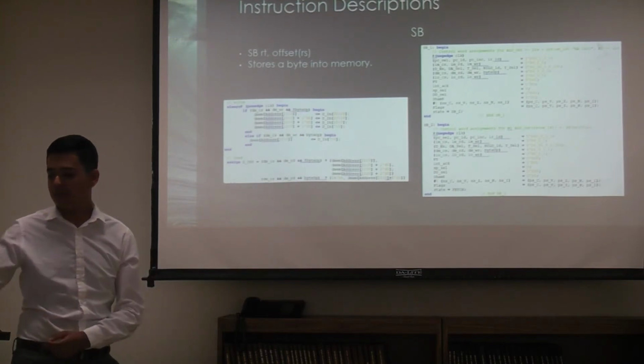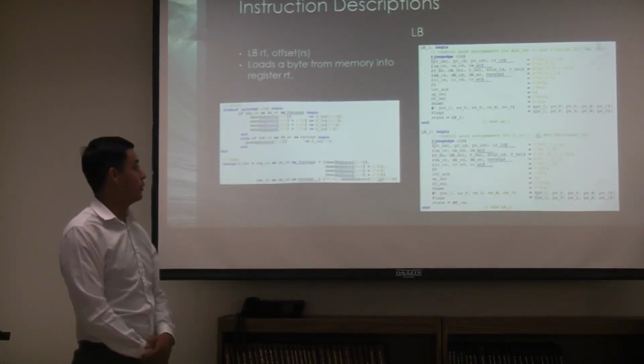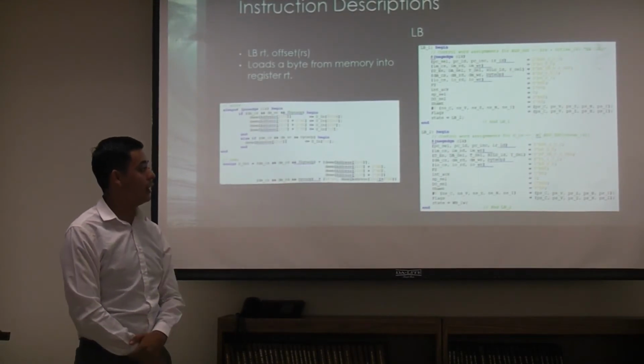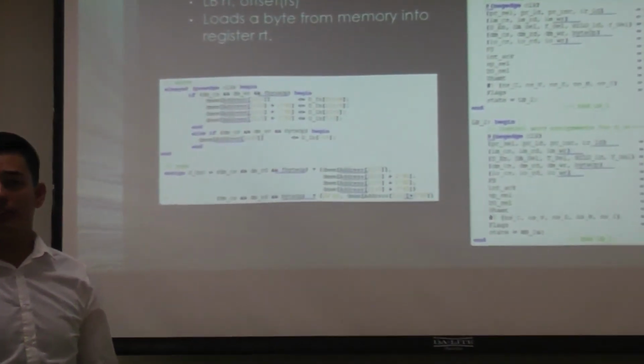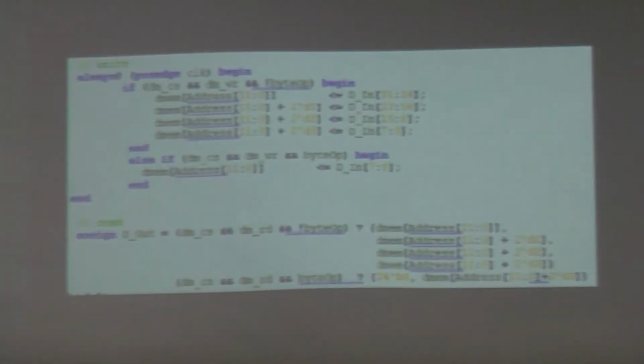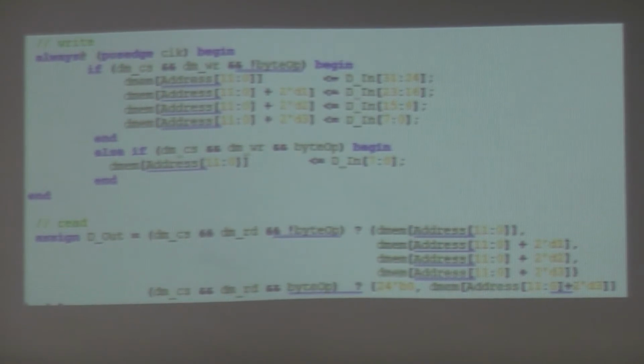Very good. Next we have a load byte instruction, and it works similarly, in that it makes use of the byte op, but this reads the least significant byte in memory and stores it, zero extended with 24 bits of 0, into the register location that we want in the register file.